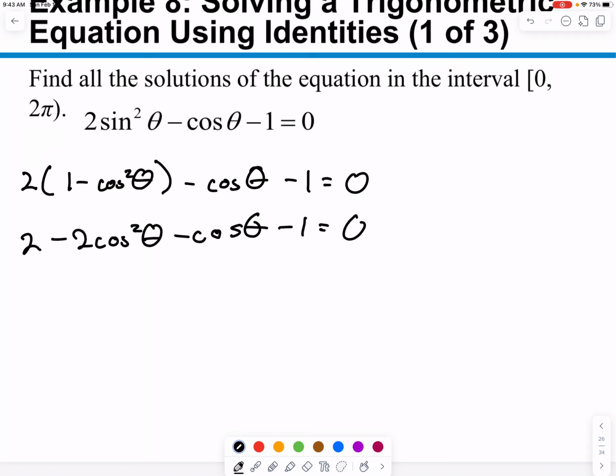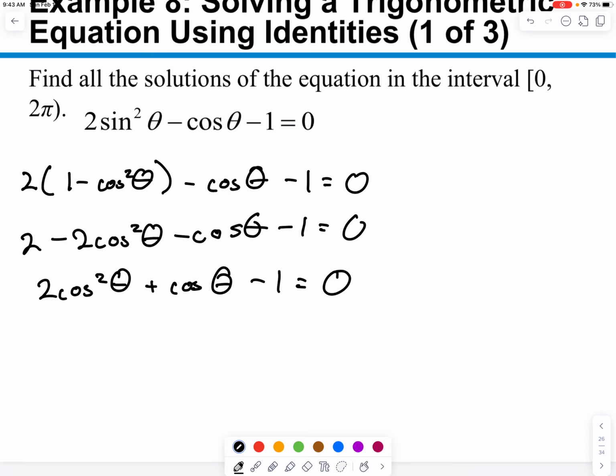Okay. 2 minus 1 is a 1. That's a plus 1. So I'm going to multiply both sides by a negative and combine like terms. So that'll be 2 cosine squared theta plus cosine of theta, that was a plus 1, now it's a minus 1, equals 0.